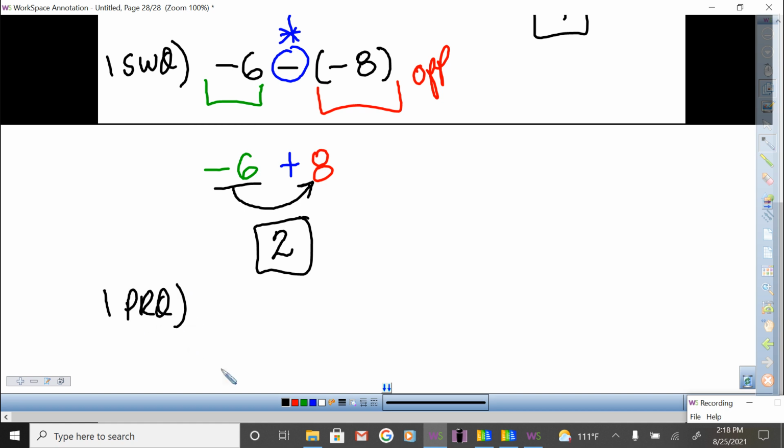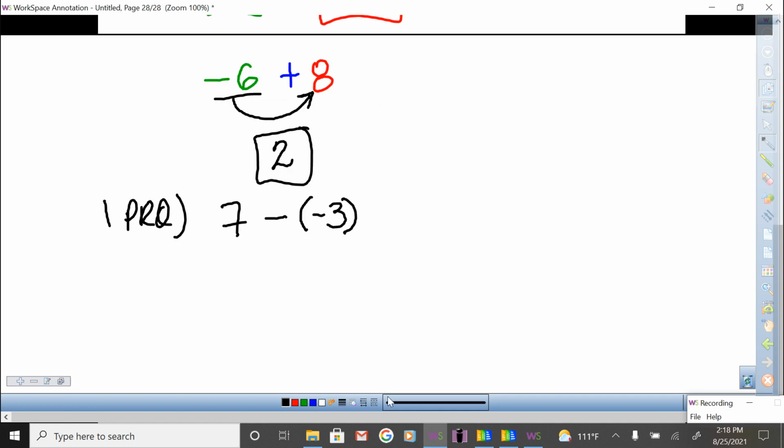All right, example 1, Power Rangers Q. See if you can do this one by yourself. 7 minus, parentheses, -3. All right.